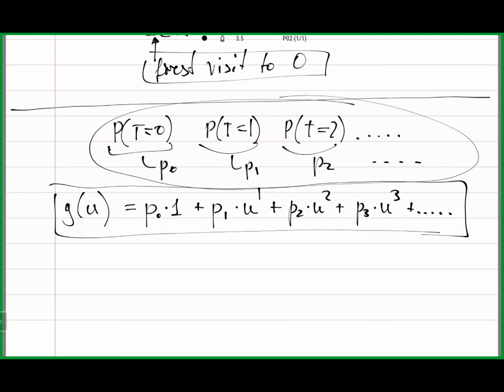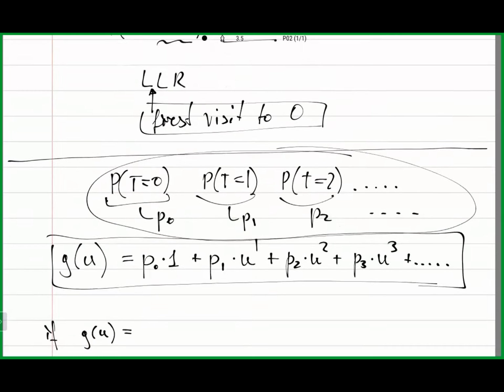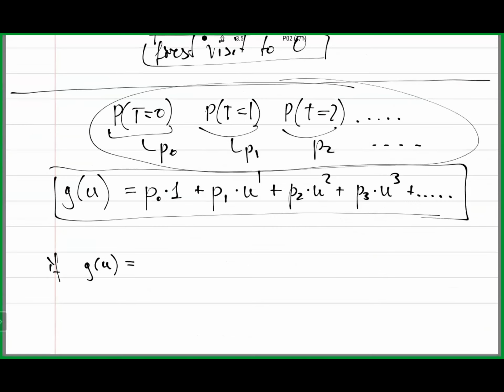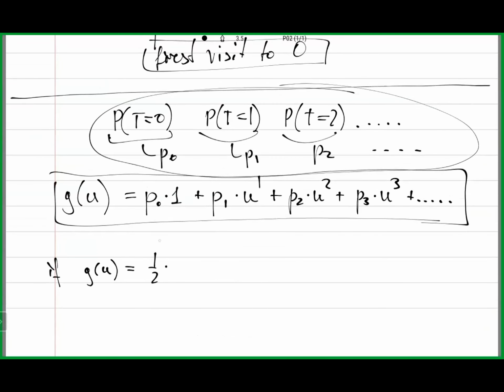For example, g of u is equal to 0 plus 1 over 2 times u power 1 plus 0 times u power 2 plus 1 over 8 times u cubed plus so on.